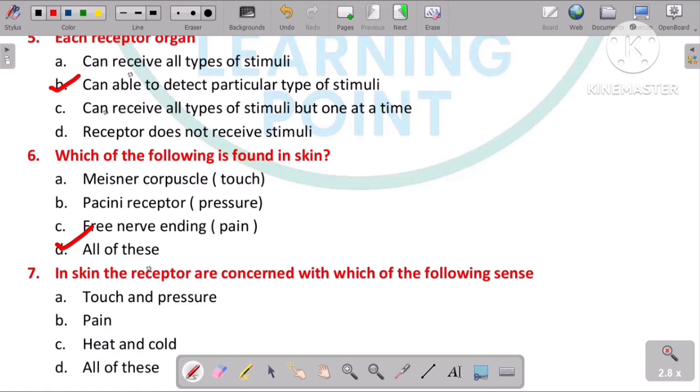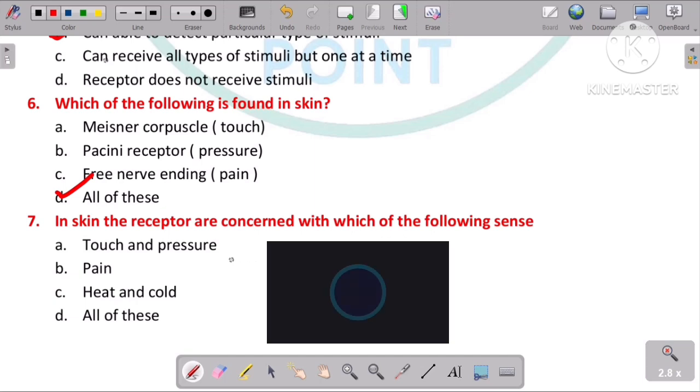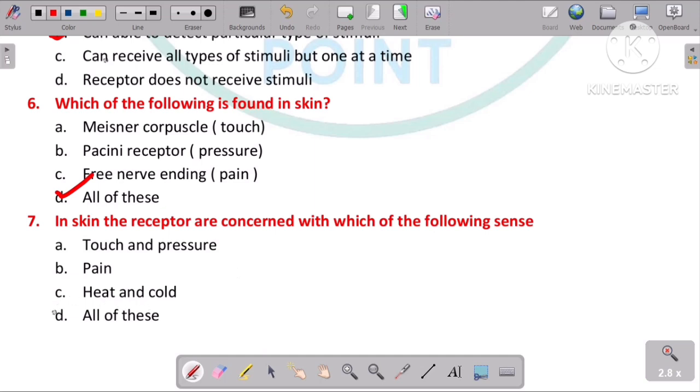So the next question is: in the skin, receptors are concerned with which of the following senses? So the right option is option D, all of these.